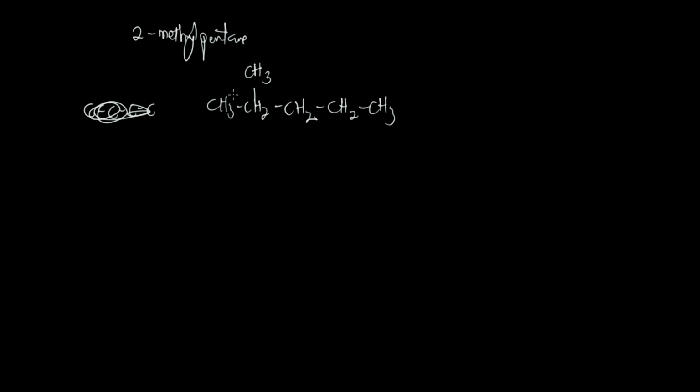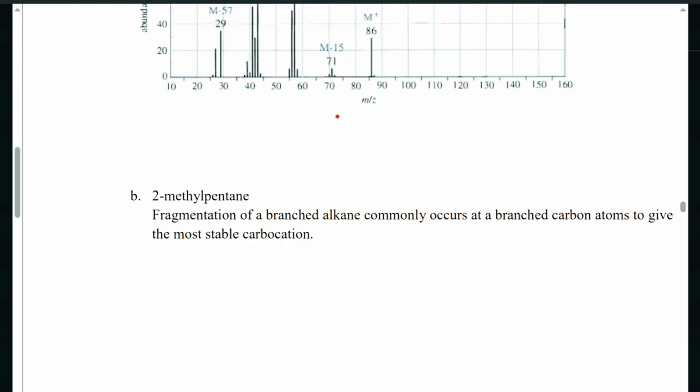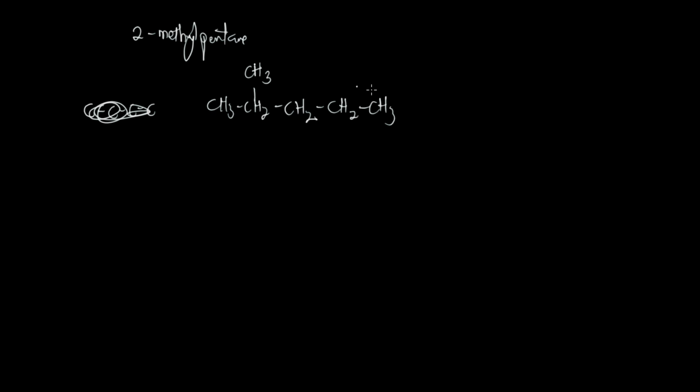You can fragment at any point to give a spectrum, but when you fragment it at different points, they give different stability. Looking at this structure, the fragmentation of this branched alkane commonly occurs at the branched carbon atom to give the most stable carbocation. You can fragment anywhere to give different spectra on the chart.